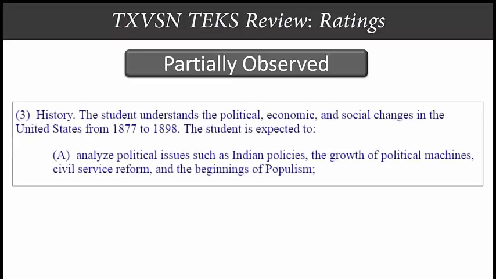Partially observed. As in the example we just examined, at times you may see that a part of a student expectation is met, but part of it is not. What if, in this example, instead of such as, it said including? Now, all of these elements must be addressed at the Analyze Bloom's level.